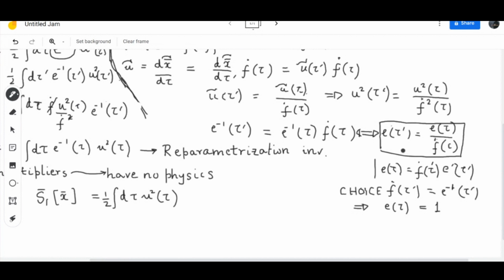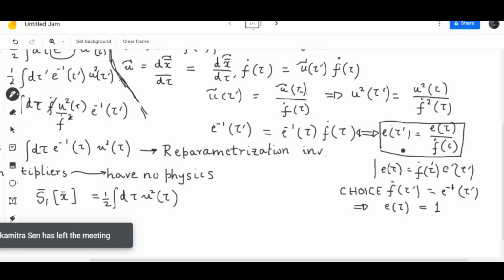See, I can't do it with u. I can't do it with anything else. Well, I have only two things, u and E. u is dx bar d tau, and I can't choose that because x is, of course, the dominant degree of freedom. But E has no physics, being a Lagrange multiplier, and therefore I have the liberty to choose it.